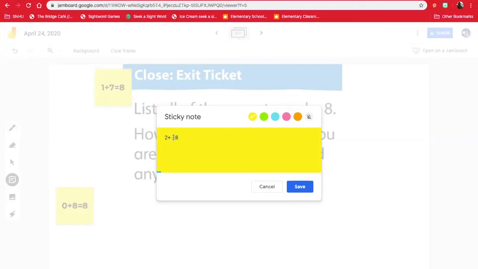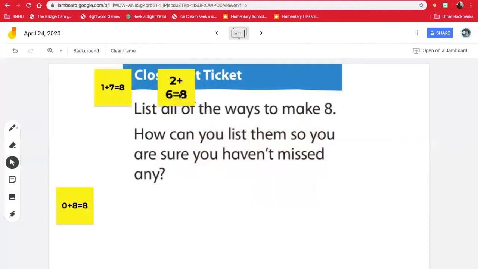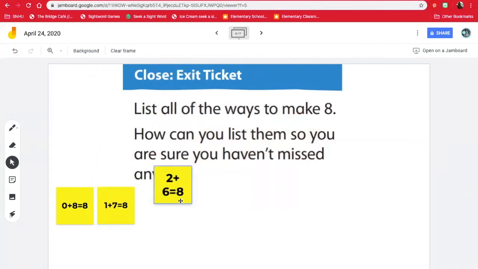If we have 2 in our calculator, 3, 4, 5, 6, 7, 8. 2 plus 6 equals 8. Don't worry if some of these look a little weird because we can still read it. 2 plus 6 and the equal sign is there.